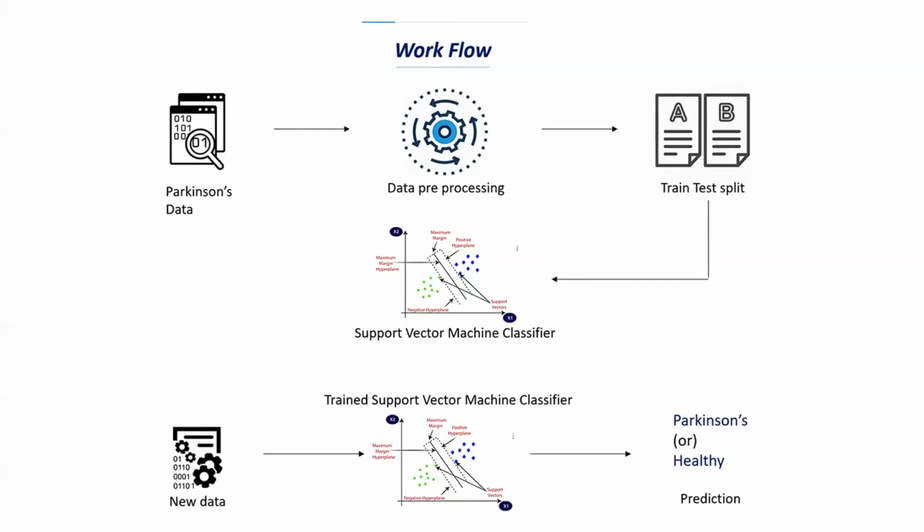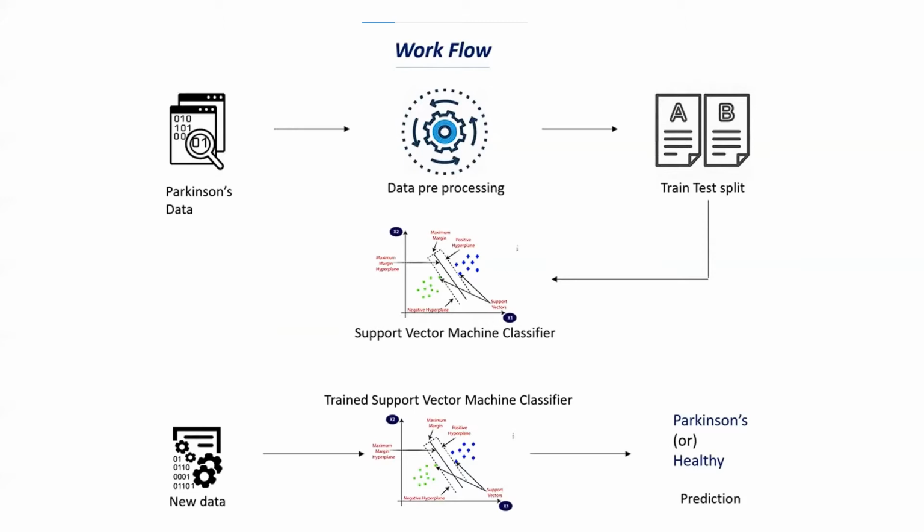Once we have this data, we need to process it. We cannot feed the raw data to our machine learning model, so we need to do some processing. Once we do the processing, we need to split this data into training and test data. We use the training data to train our machine learning model. For this project, we will use the support vector machine classifier algorithm.